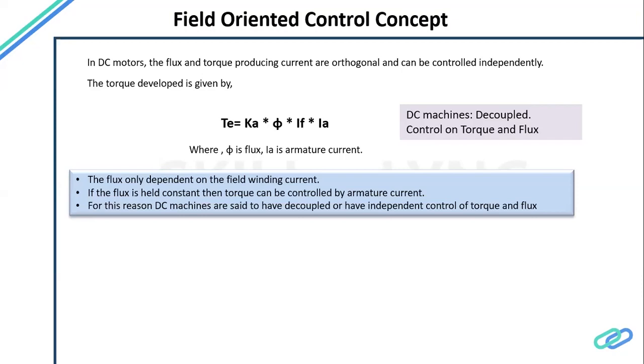The moment we increase this demagnetizing component of current, the flux starts dropping and we can increase the speed, but definitely torque will have a penalty. So we cannot have constant torque in that region, but power we can maintain because speed is increasing.